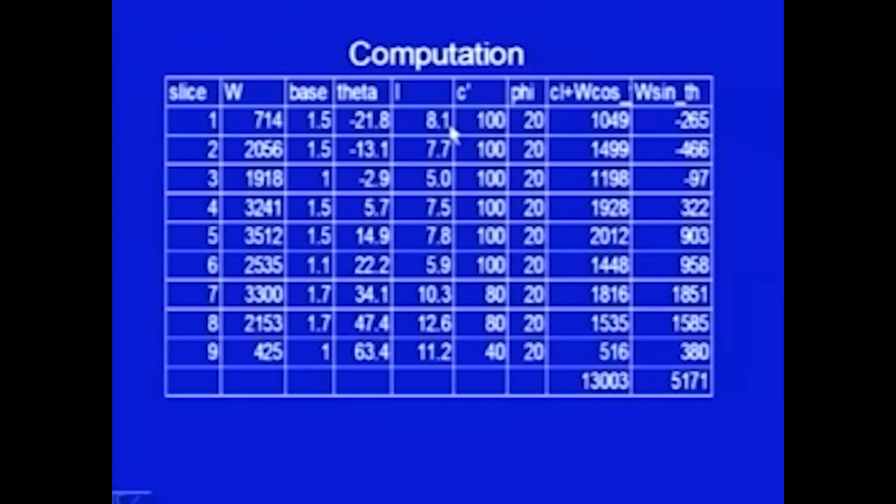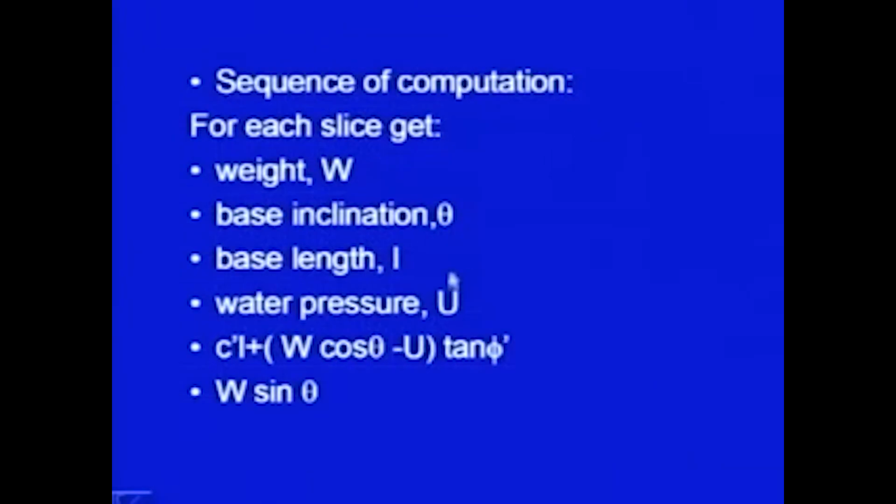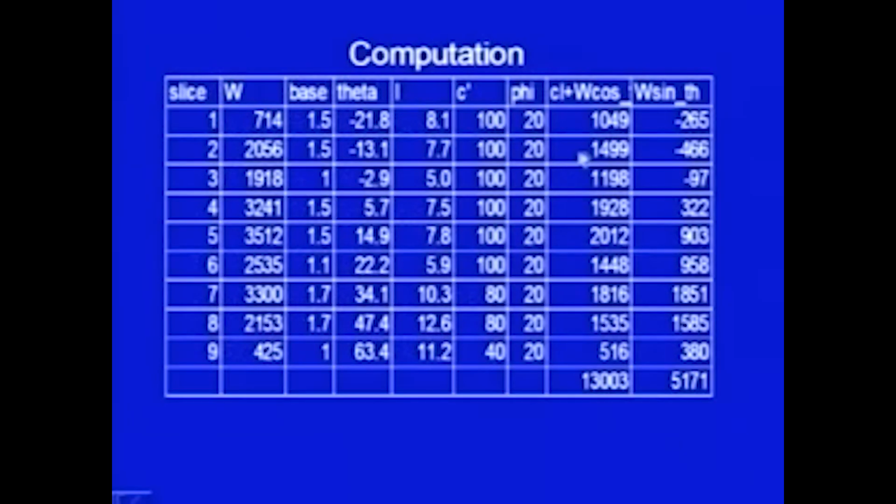This is the base length, this is C dash, this is phi dash, this is the numerator, C dash L plus W minus U into this value, it is in that column, and W sin theta is in this column. In this table, this is the base length, and in fact, this is the base width of the slice.